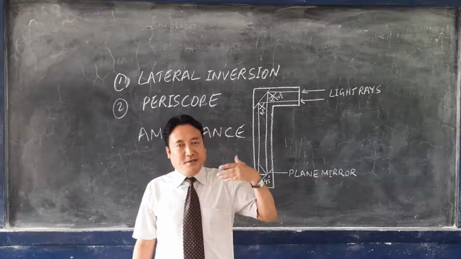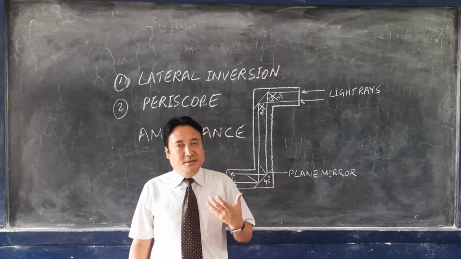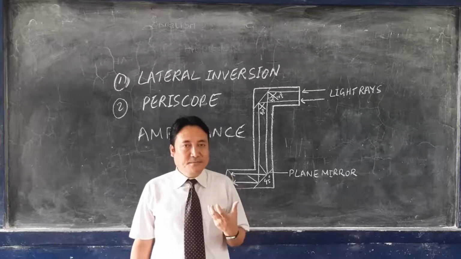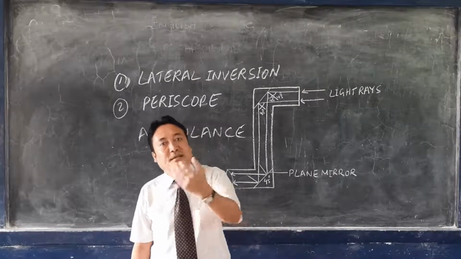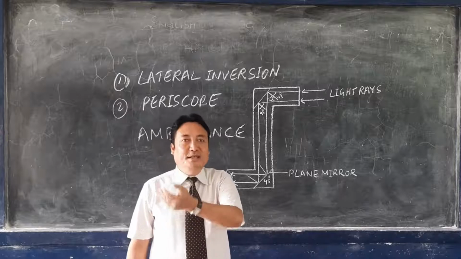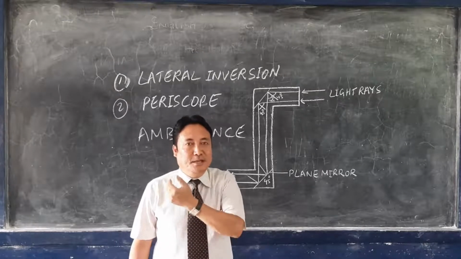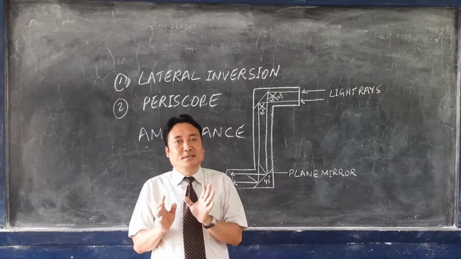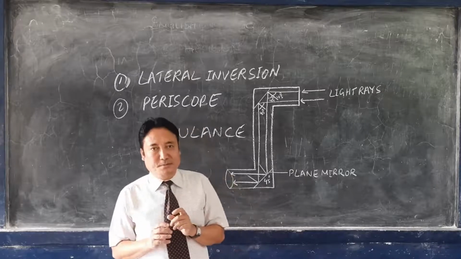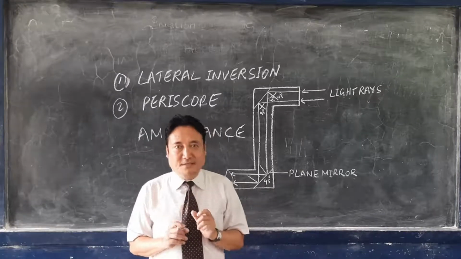Originally, in actual practice, you put the flower on the left side, but in the image you see the flower kept on the right side. So there is some sort of illusion, which we call lateral inversion.